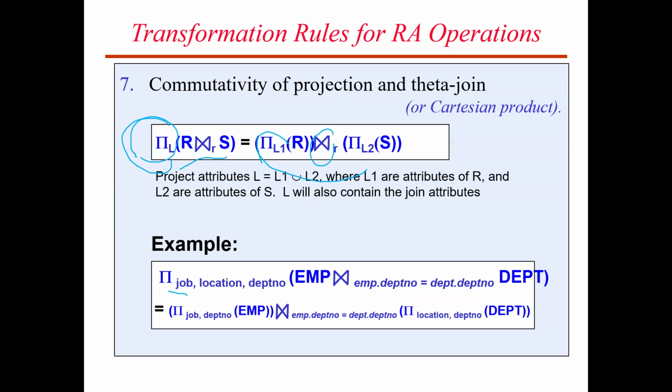Example: you're trying to take out job, location, and department number from employee and department based on this condition. It is equivalent to selecting the job and department number based on this condition, and selecting the location out of the department. So the location is moving here in the second query. This is the same, for example this L2.